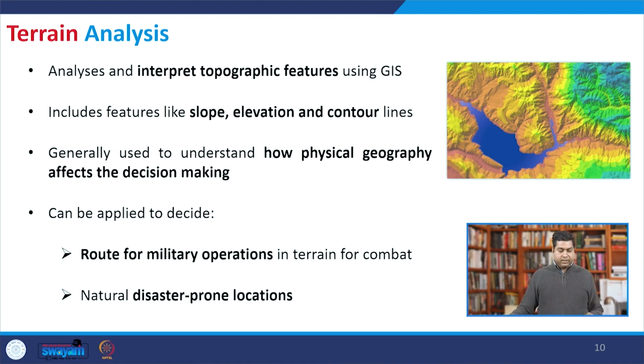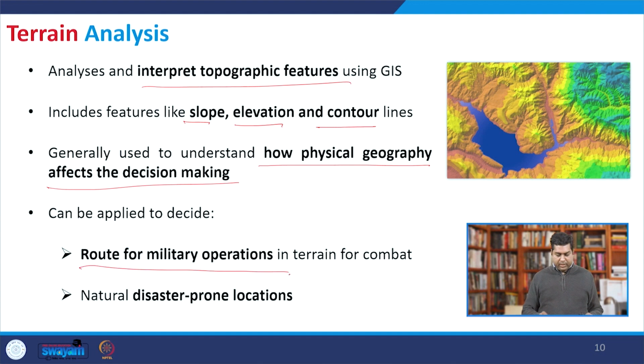Terrain analysis actually analyzes and interprets the topographic features using GIS. It includes features like slope, elevation and contour lines, generally used to understand how physical geography affects decision making. It can be applied to decide a route for military operation in a terrain for combat, and natural disaster prone locations, which is nowadays very important because there are so many problems happening in the Himalayan belt.